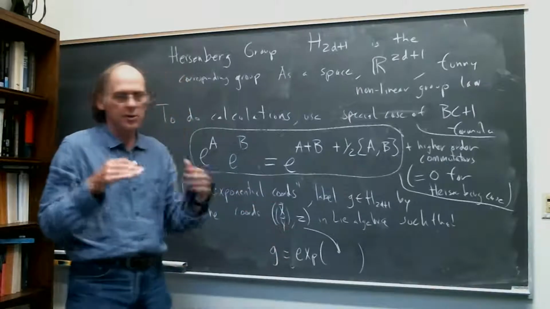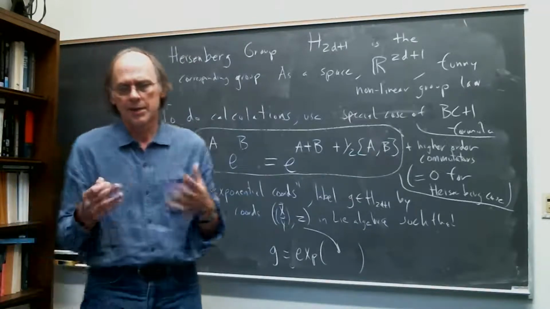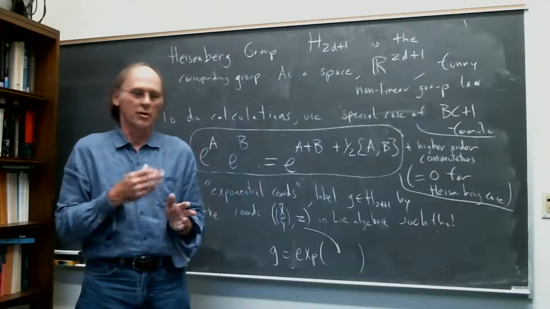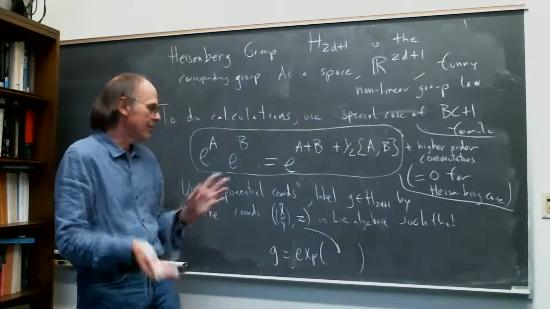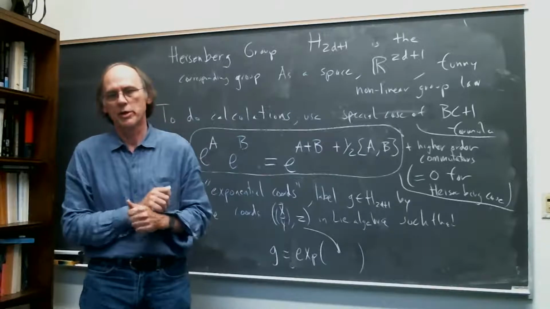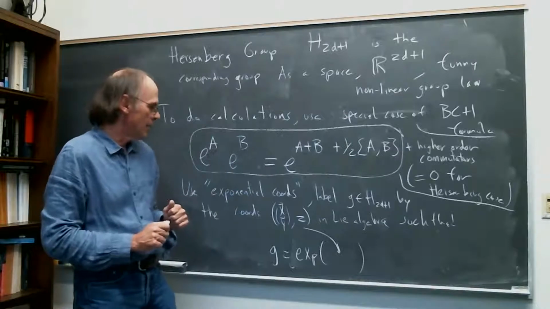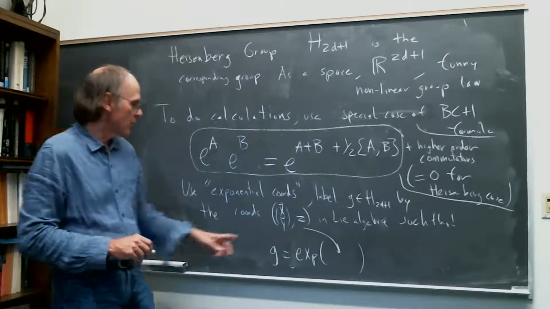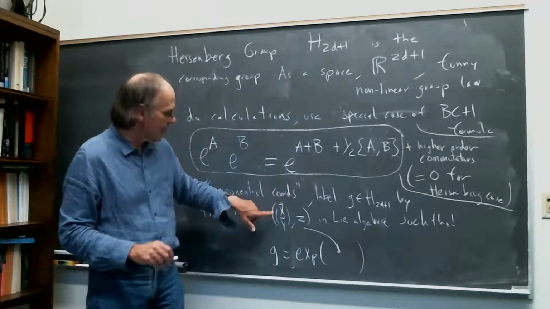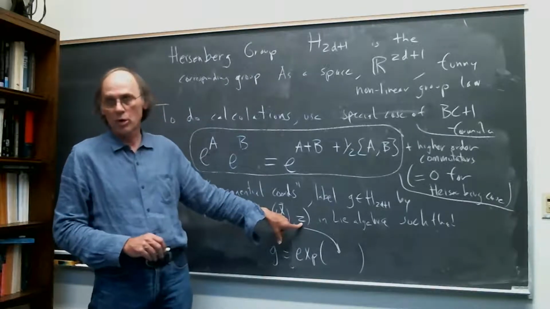So if you want to label it, the simplest way of working with this whole story is to use the same coordinates on the Lie algebra and on the Lie group. It's the same thing that you do if you're trying to think of the real numbers as an additive group. You can think of the Lie algebra as R and the Lie group as R, and the exponentiation gives you an isomorphism between the two. So you might as well use the same coordinates on the two, and that's what's called exponential coordinates. I'm going to think of elements of the Lie algebra as given by elements of this vector space, which are pairs of d-dimensional vectors and one other real number.